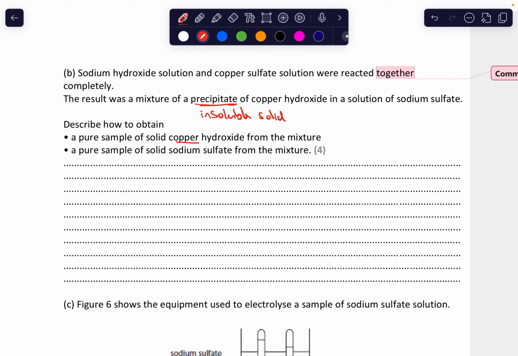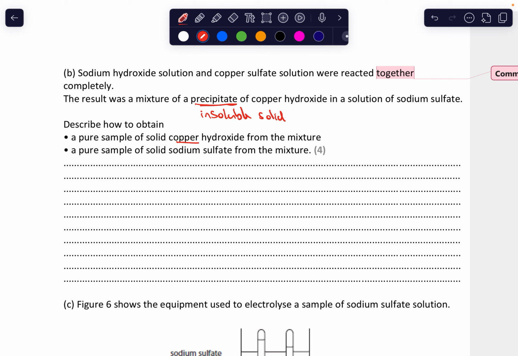Let's focus on getting the copper hydroxide. So here, I'm going to write down copper hydroxide. Let's just remind ourselves, what I'm going to have in my beaker is a solution, and inside this solution, I'm going to have an insoluble solid.